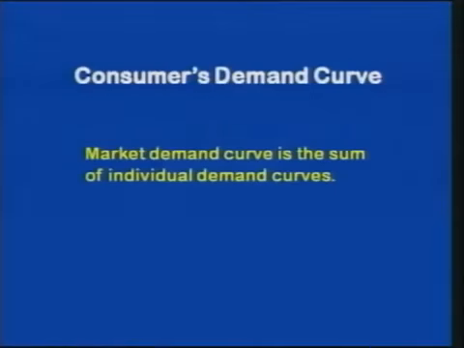So the question is, how do we measure these monetary gains and losses? And to do that, we go underneath the demand and supply curves. So let's first look at the demand curve. The demand curve for the market, which is what we've been discussing so far, is made up of demand curves for each individual person. Each person at a given price is going to buy a certain amount of the good.